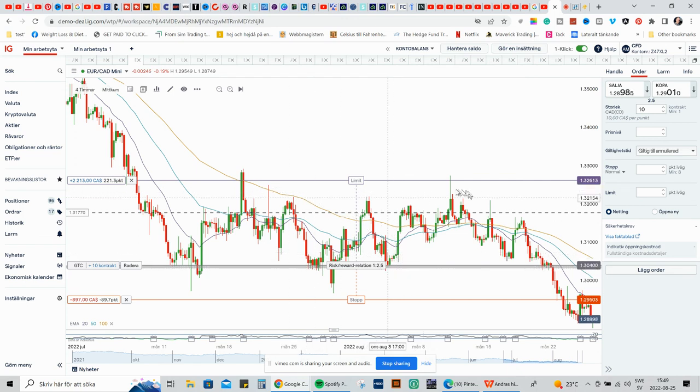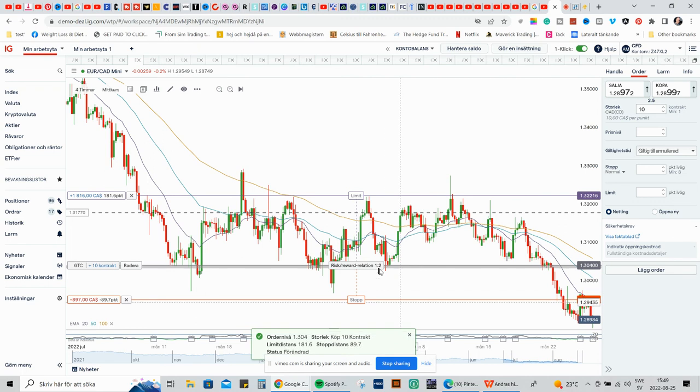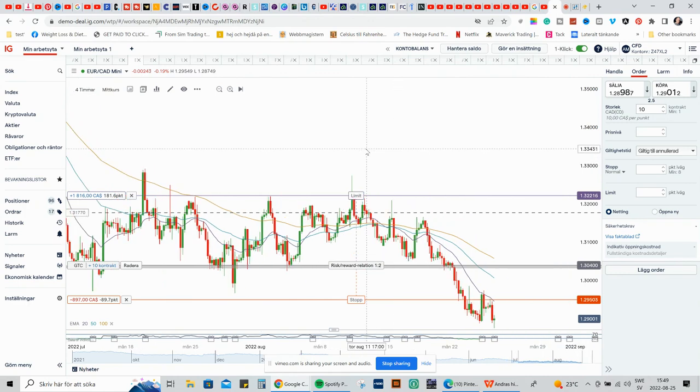And in this case, you can see you get the profit there when it went up there. Or if you want fast money, you choose the two times risk ratio here. But okay, you would miss it here. I mean, this situation is different. So okay, that was that.